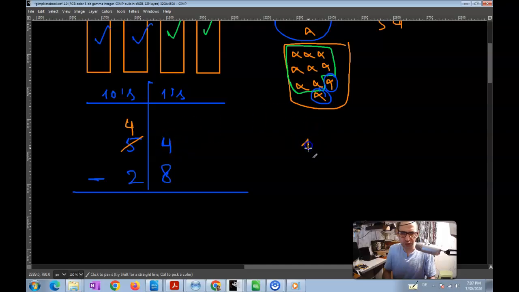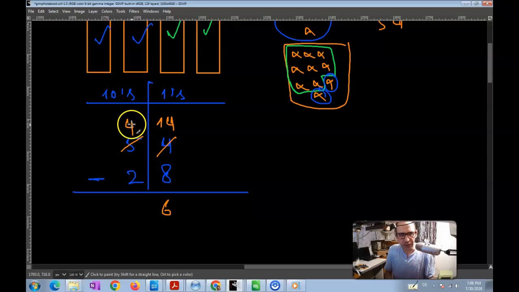And so I have a 10 over here, and I have this 4 over here. 10 plus 4 is equal to 14, right? So now the calculation becomes this. And now I have these 14 groups of 1. I want to take away 8 of them, which means that I will be left with the 6, because 6 plus 8 is equal to 14.